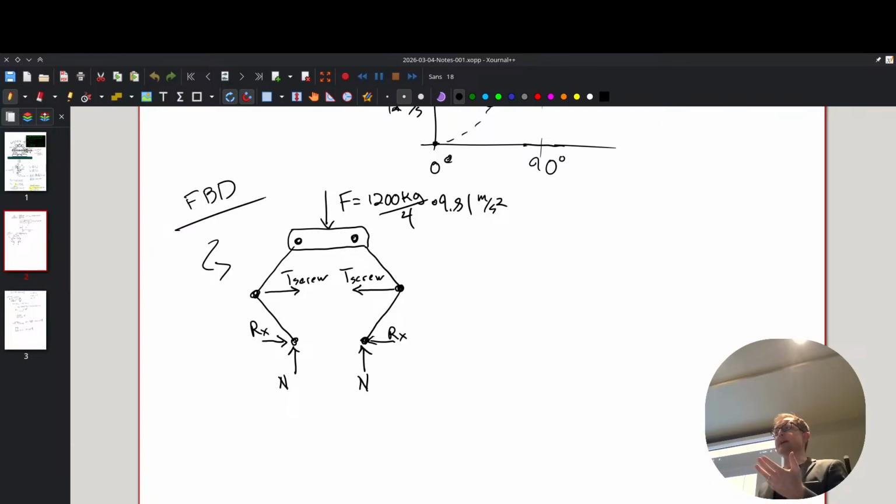How do we use a free body diagram? What are the equations that it gives us from the forces here? Solve for the forces, like the X and Y.